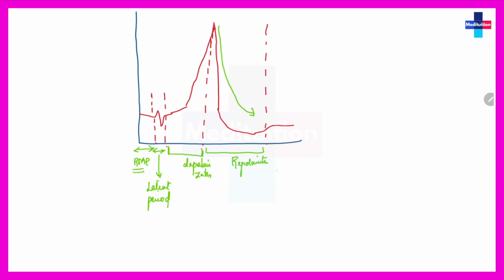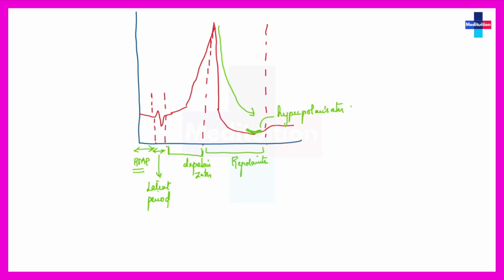Again, we will have something called hyperpolarization, which goes even more negative than the resting level. That is hyperpolarization. So this all shows the curves of the muscle action potential, how the stimulus of the muscle is happening.